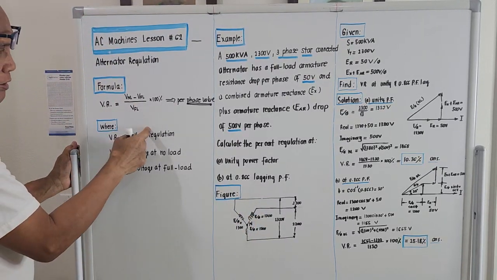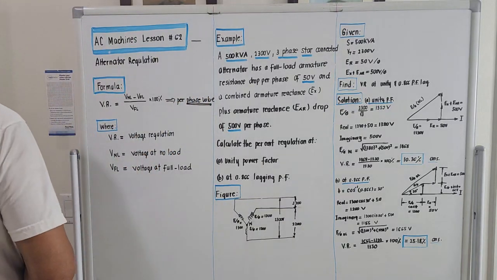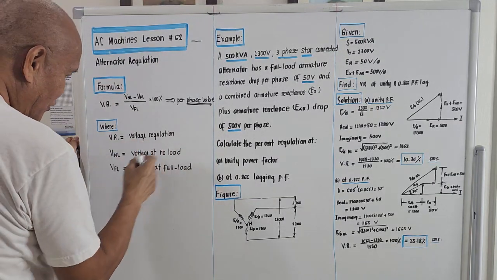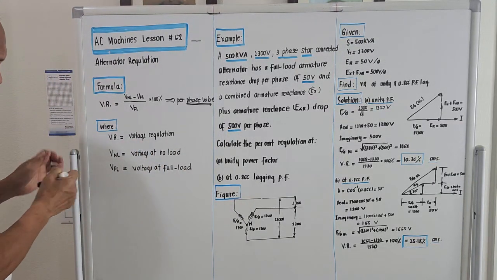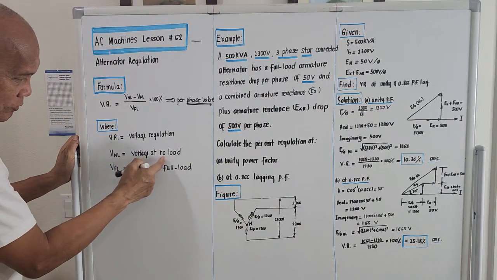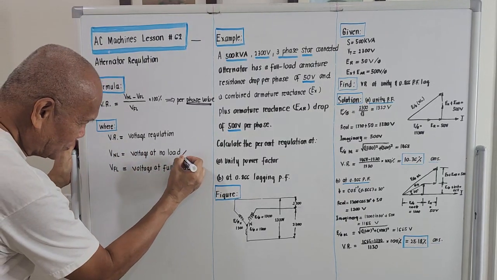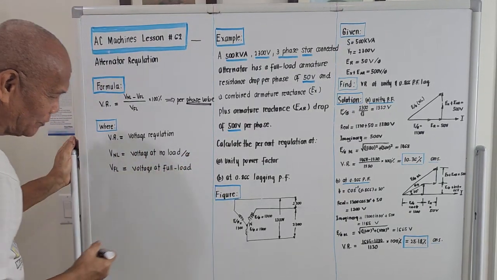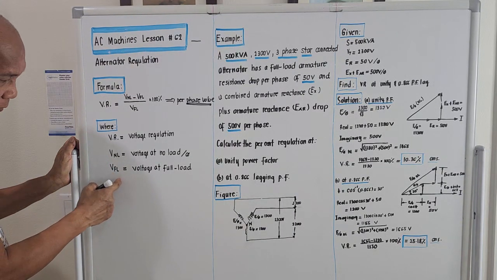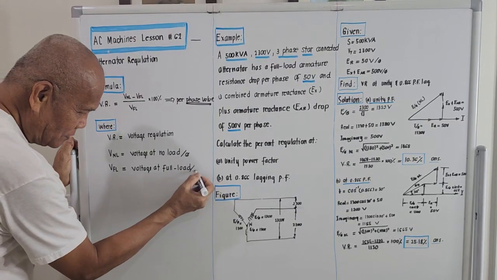Where the designation VR is the voltage regulation, capital letter V with the subscript NL, meaning the voltage at no load, is actually per phase. Of course, we'll place this per phase so we don't make a mistake. Capital letter V with the subscript FL, meaning full load, will be the voltage at full load. This is per phase.